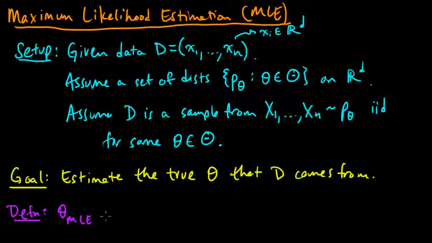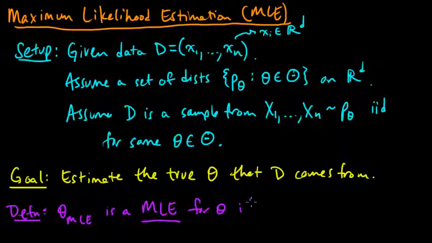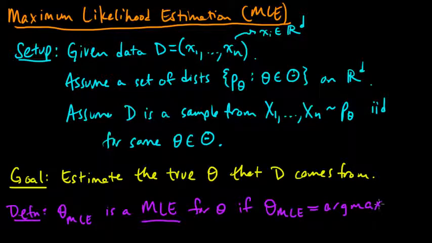A theta, which we'll denote as theta sub MLE, is a maximum likelihood estimate for the true value of theta if it maximizes, so I'll write it this way, heuristically, it's equal to the argmax over thetas in the whole range of possible thetas of the probability of the data given theta.